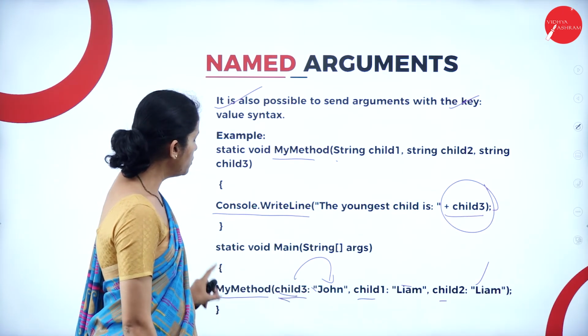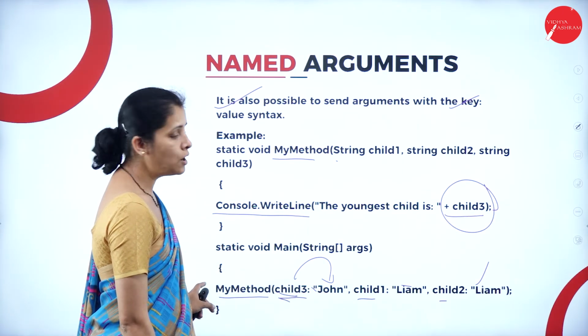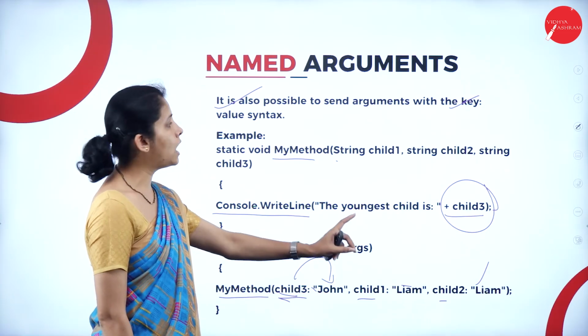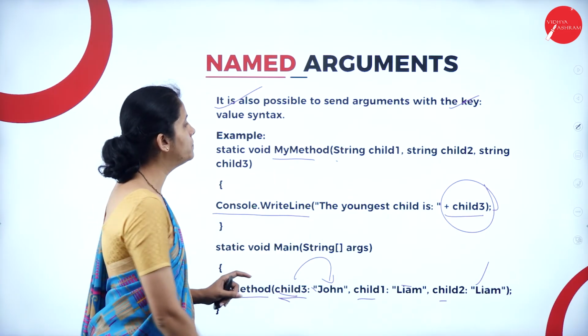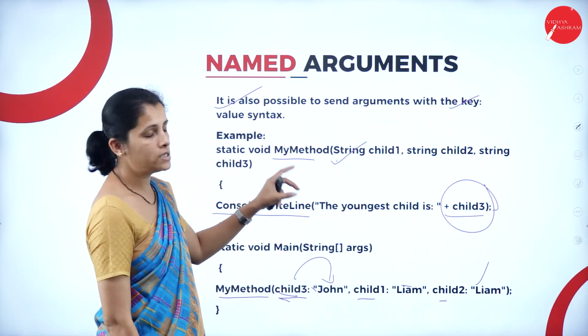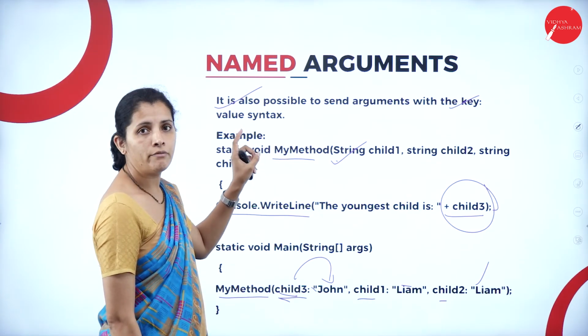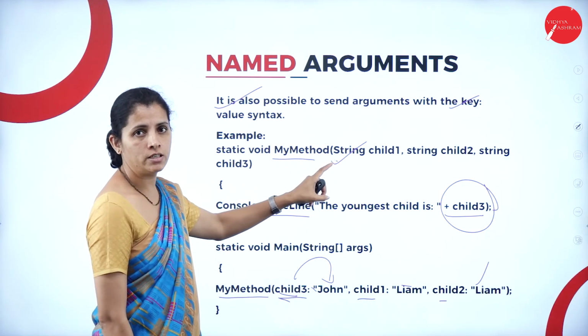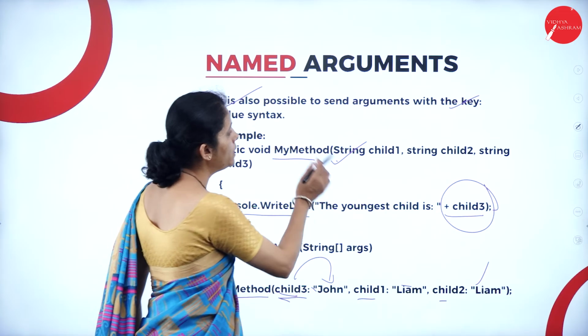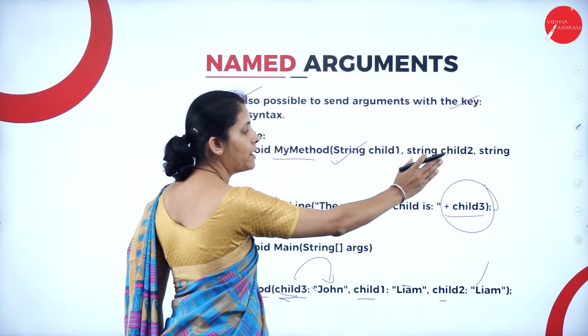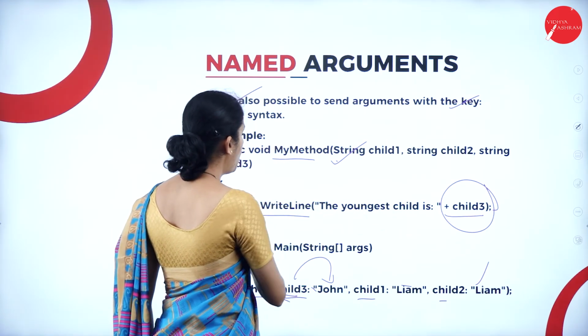So, dear student, when I call this method, all the arguments are assigned to all the parameters which are present in the method declaration. See here, how many parameters do I have? 3. But what am I going to do?